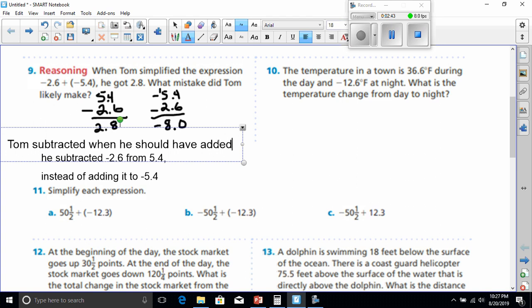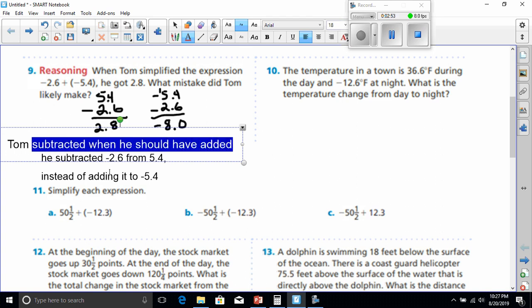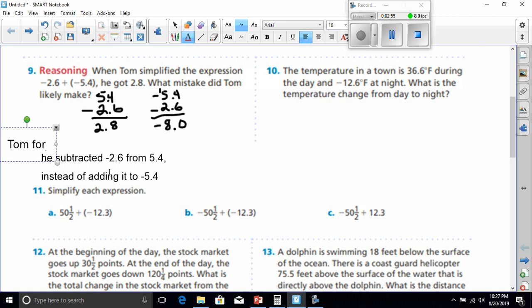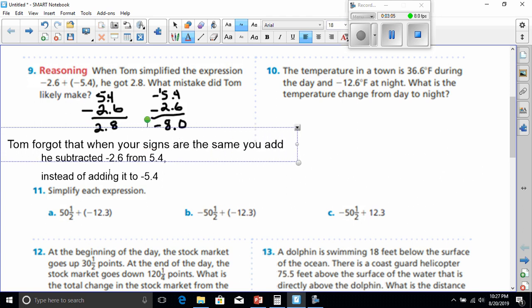You could also say that Tom forgot when you have two negative numbers, you add instead of subtract. That's probably a better answer. Tom forgot that when your signs are the same, you add the numbers and keep the sign.